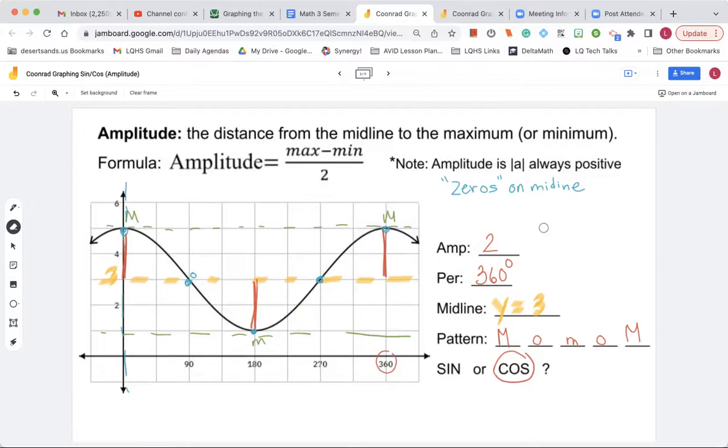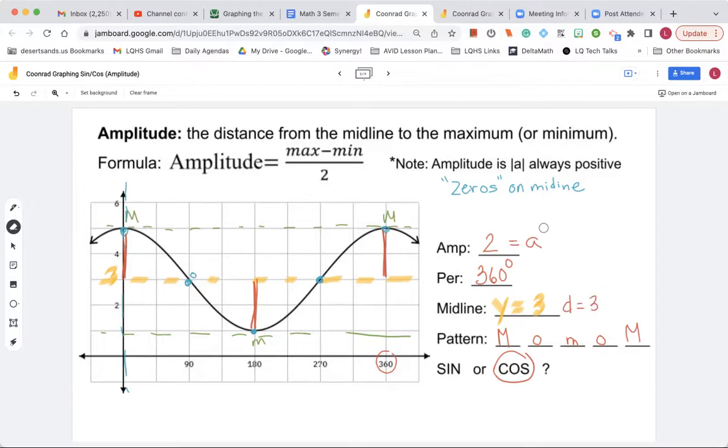If we were to write this equation, we would simply use 2 as the A. The B is 1 because the period is 2 pi, so leave the B alone right now. The midline would be that the D is equal to 3, and we know it's cosine.